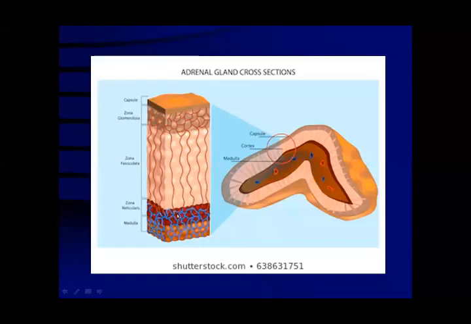These are the two androgenic hormones, and they play an important role in the reproductive system. On the cut section, you can see their thickness. The glomerulosa layer is similar in thickness to the reticularis, but the fasciculata layer is thicker.